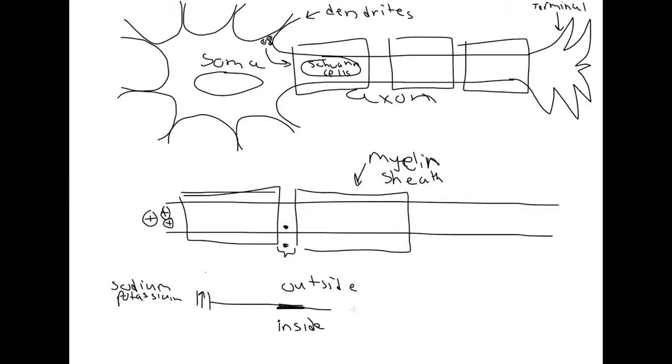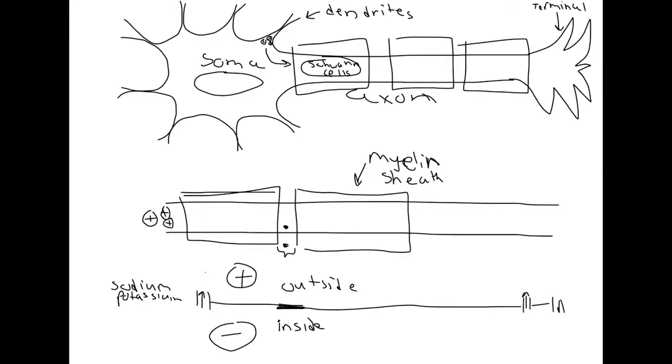And basically, if you have your wall here, and you have some of these pumps, with the help of ATP, of course, ATP will allow these pumps to move sodium and potassium in such a way that there's a positive side here and a negative side here, okay? All right. Now, why would you want this?